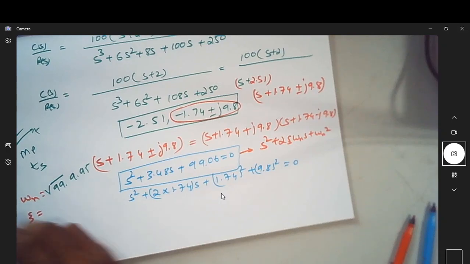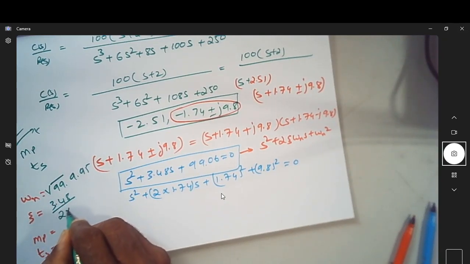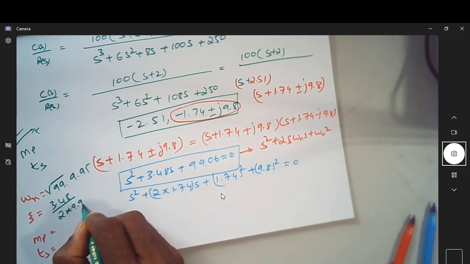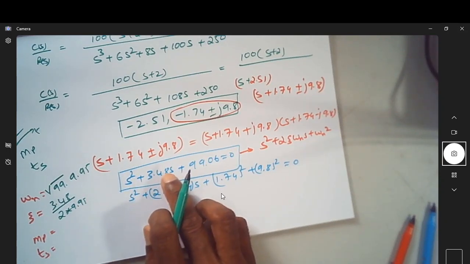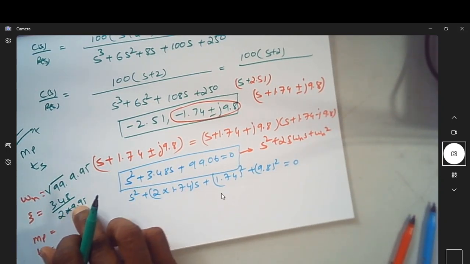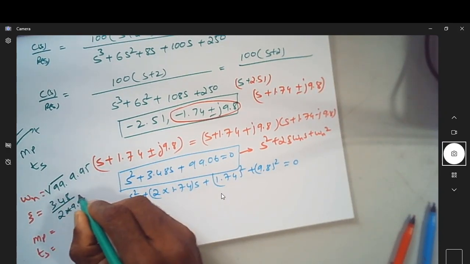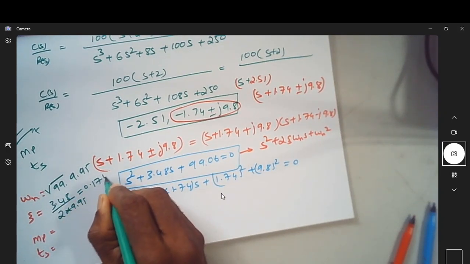And what is zeta? Zeta is the coefficient of s divided by 2 into omega n, so 3.48 divided by 2 into 9.95. So it happens to be 0.174.